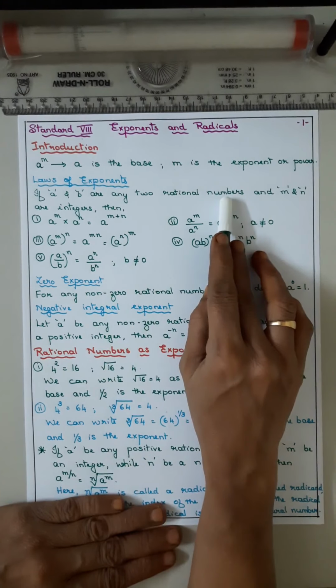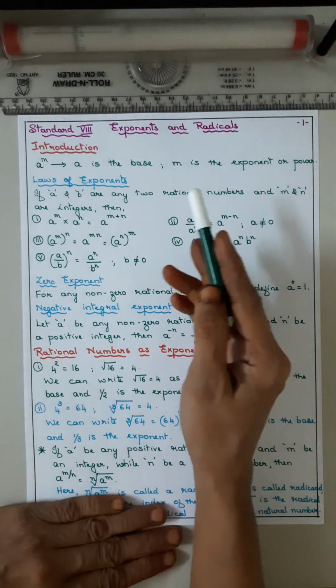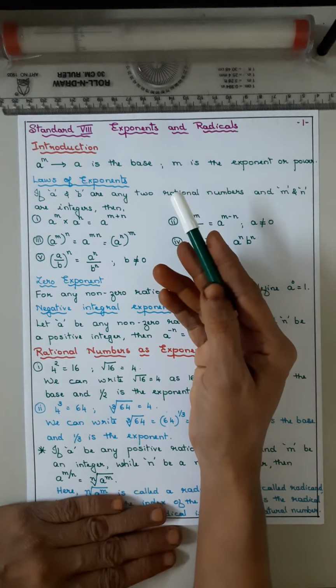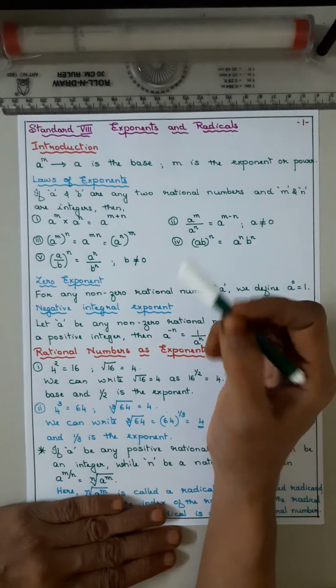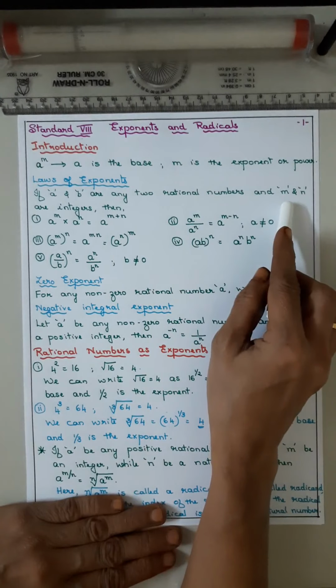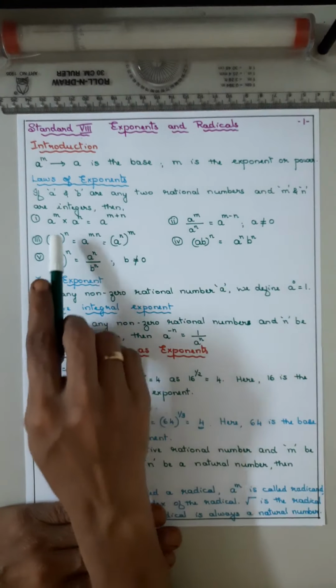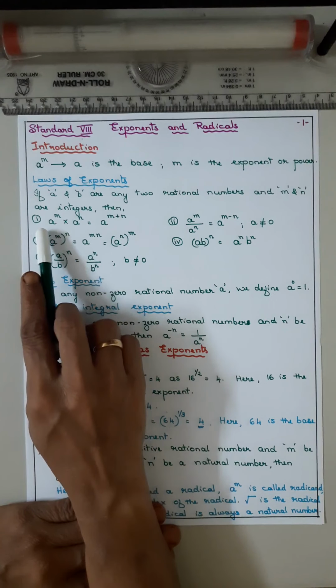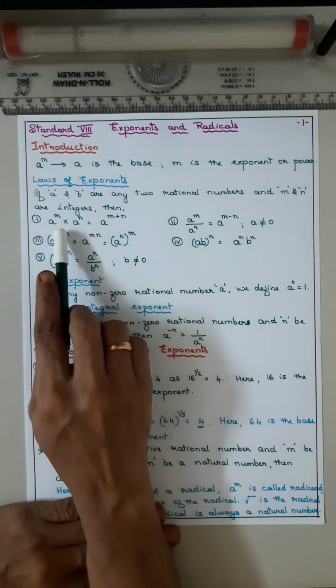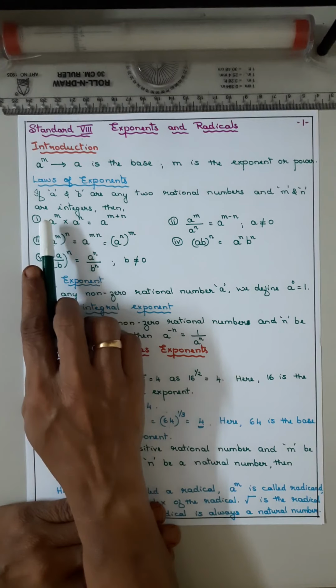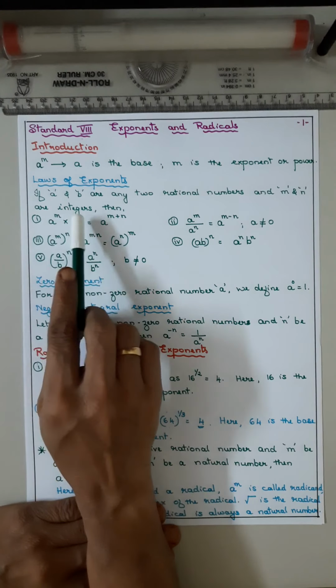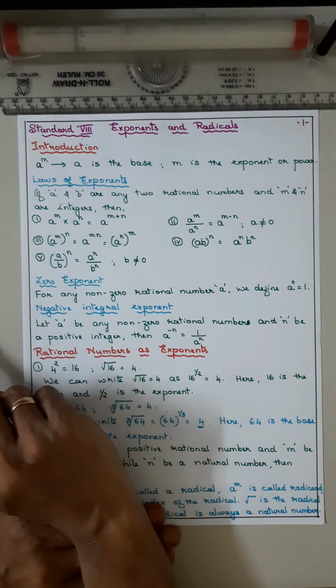So a and b are rational numbers, means the base is a rational number and the power is any integer. If the bases are same and the multiplication sign is there in between, then what we have to do? We have to add the powers, isn't it?